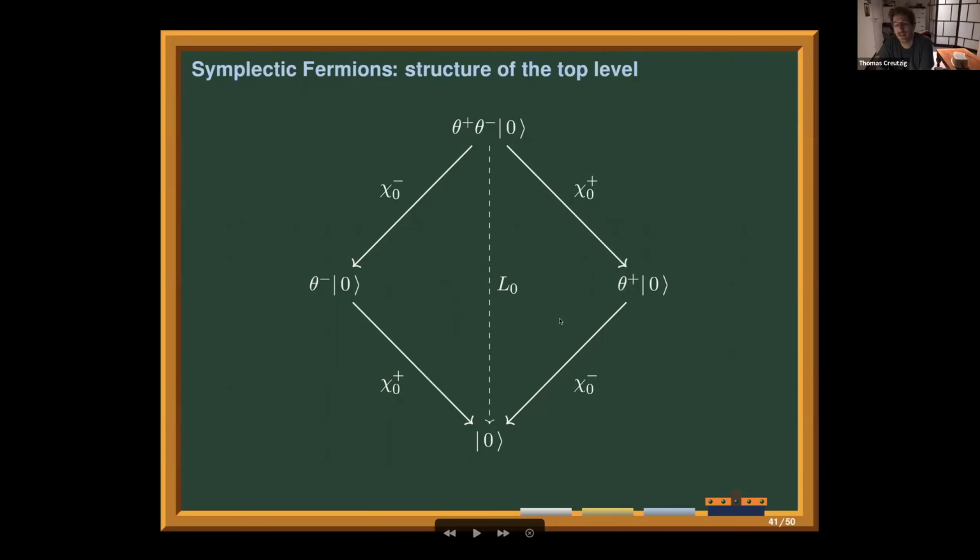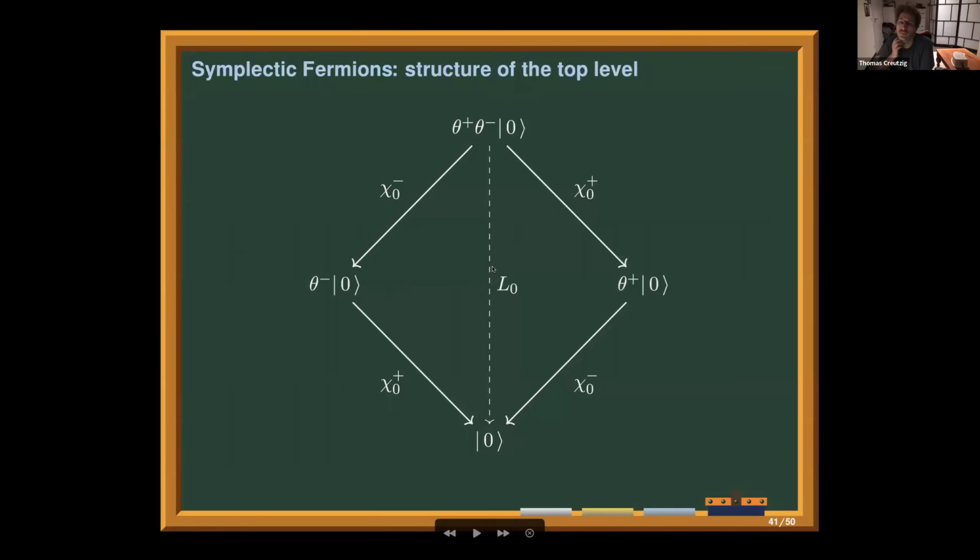But here it turns out that the action of L0 is non-diagonalizable. So we have Jordan blocks, and in particular this top level has generalized conformal weight 0, but this is a non-semi-simple part of the action.